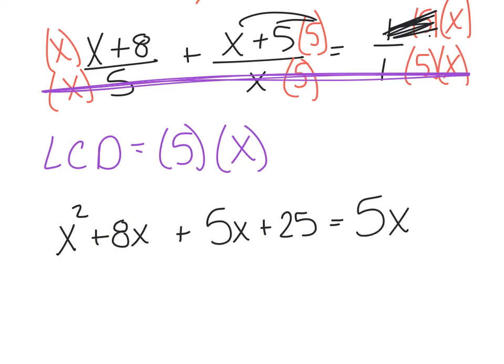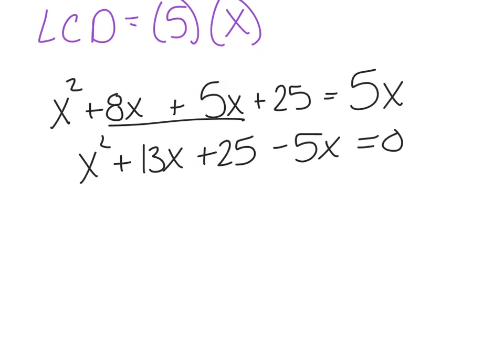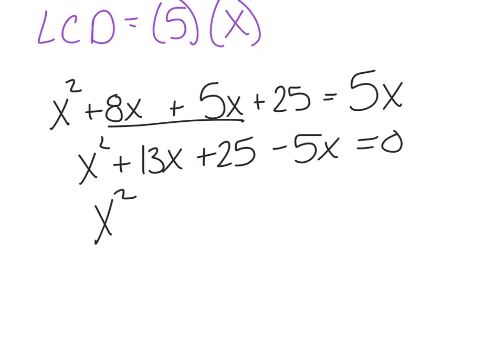Set it equal to 0, combine some like terms here, so that's x squared plus 13x plus 25. I'm going to subtract over the 5x, so it's set equal to 0. I'll keep chugging here. So I've got x squared, the 13 and 5 make a positive 8x plus 25 equals 0.